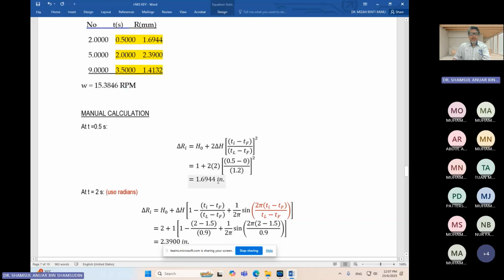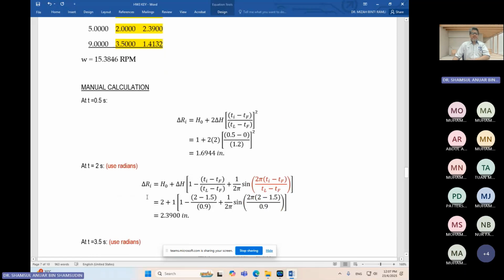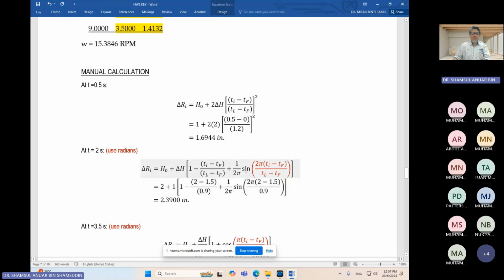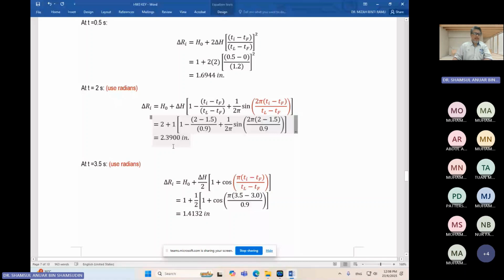And I guess I mentioned many times, when you have sine or cosine, when dealing with this kind of equation, you must know that this part needs to be in the radians mode. So make sure you set it in radians, and then only you can get the right answer.